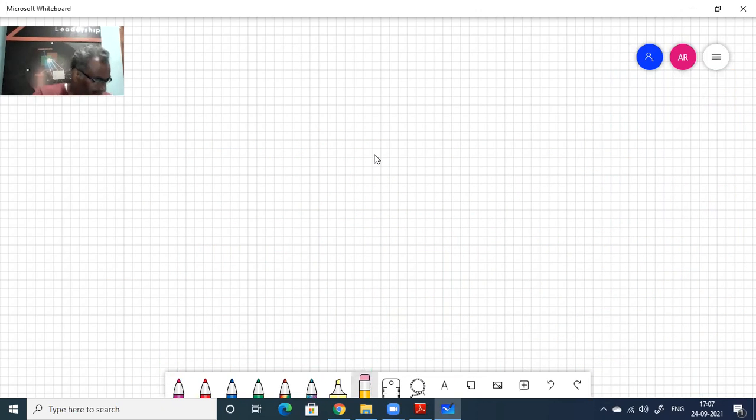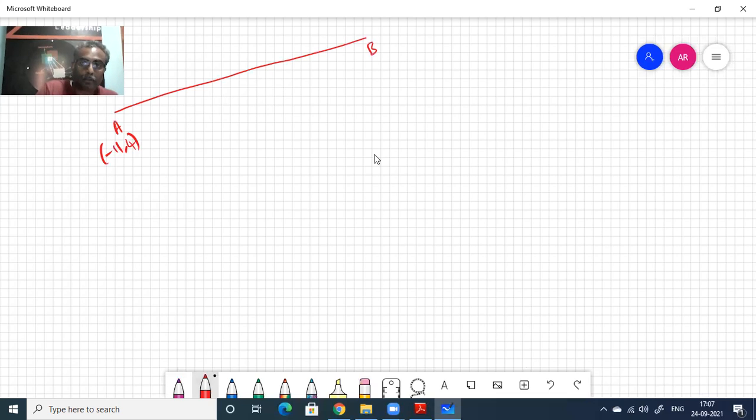The points which divide the line segment joining A minus 11, 4 and B 9, 8 into 4 equal parts. Okay. A is minus 11, 4 and B is 9, 8.